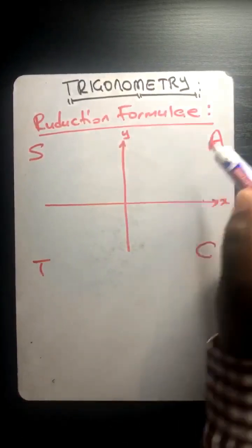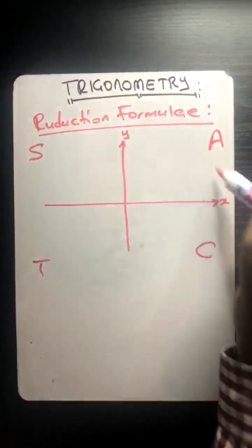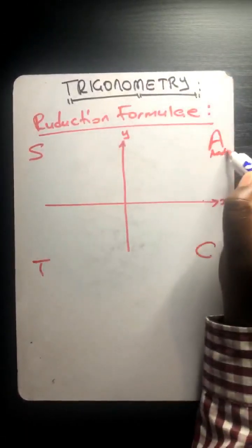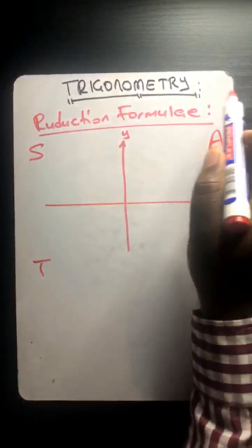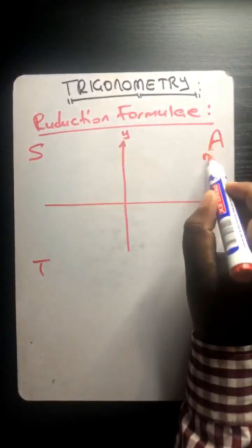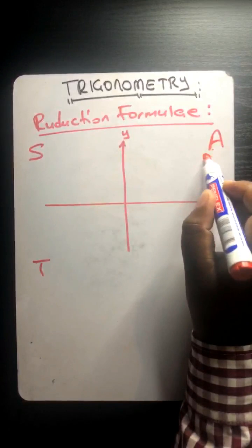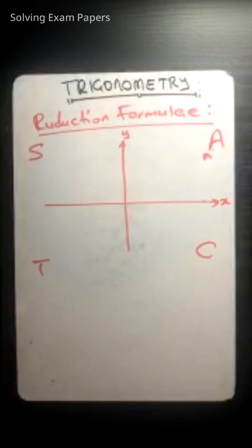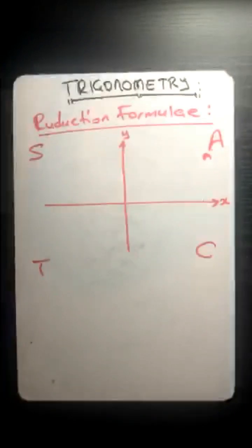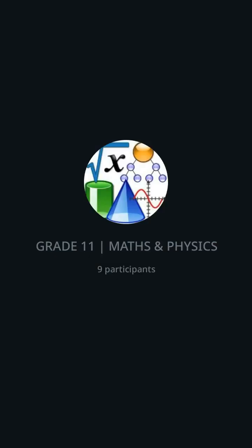If you remember, we said all the angles falling in the first quadrant are called acute angles. Maybe let me write it, because in most cases we're going to refer to this. I'm just thinking if I should draw this on a separate board.